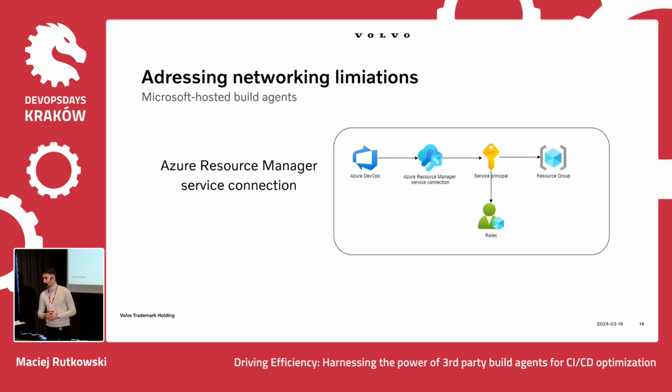So how can such a service principal work? Simply create a service principal in your Azure subscription, then assign it some roles to be able to provision your resources, connect to it with an Azure Resource Manager service connection, and then in the pipeline you can specify the service connection and provision and deploy to your infrastructure on Azure.